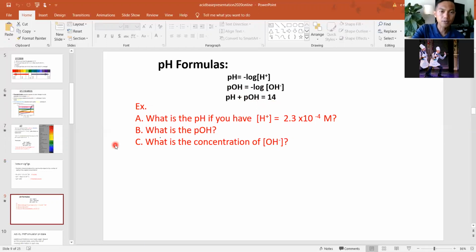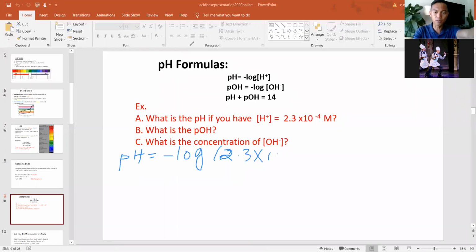Let me draw this. So they're asking, what is the pH if we are given 2.3 times 10 to the negative 4? So set up, the pH is equal to negative log of the given, and our given is 2.3 times 10 to the negative 4. All right, plugging it in my calculator.